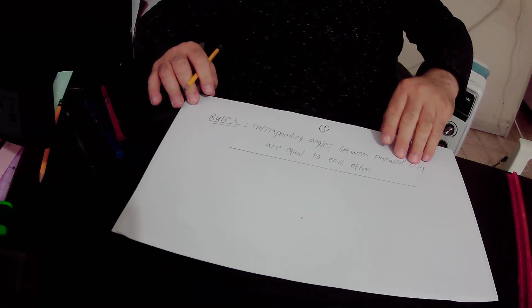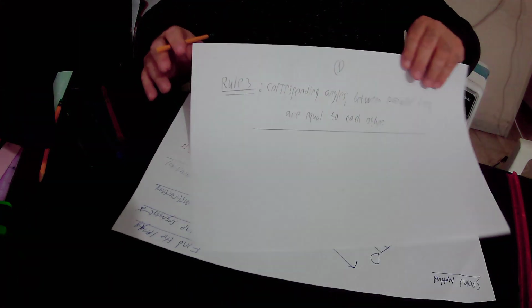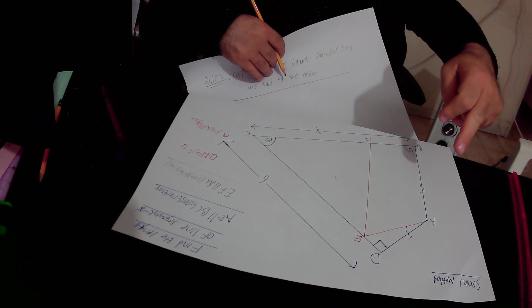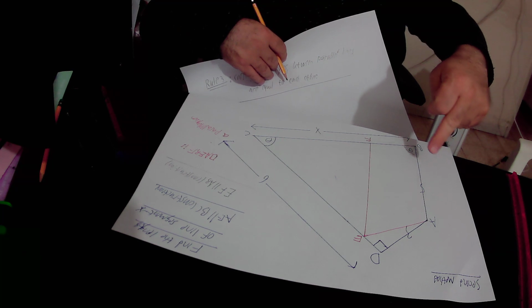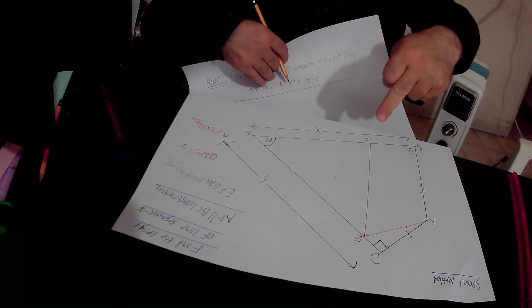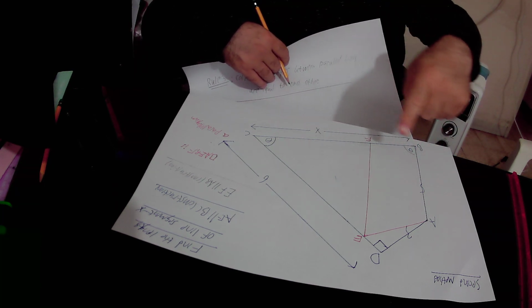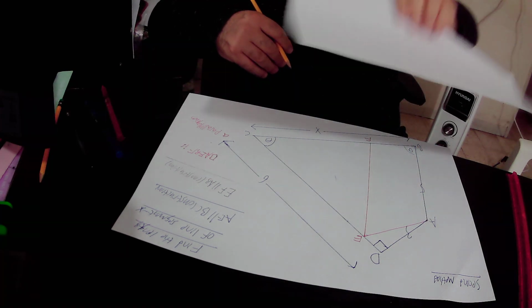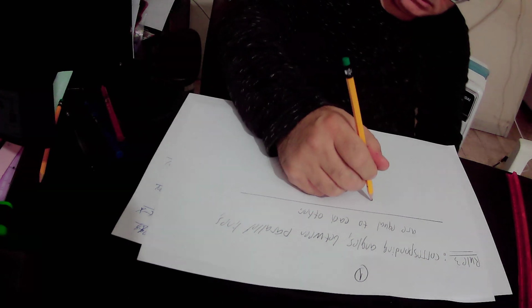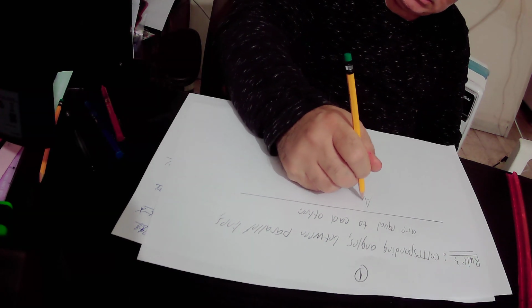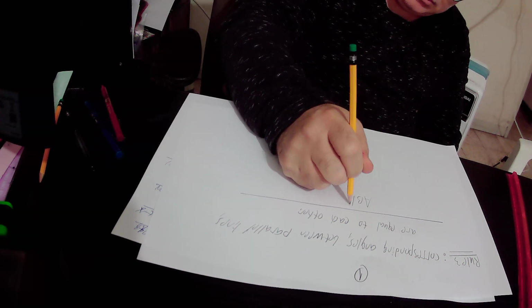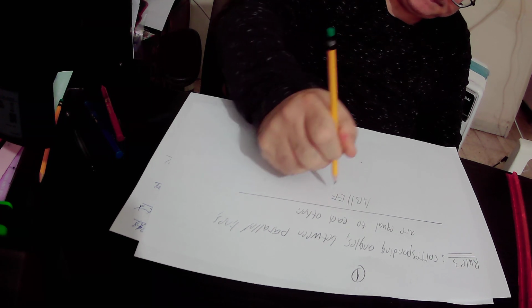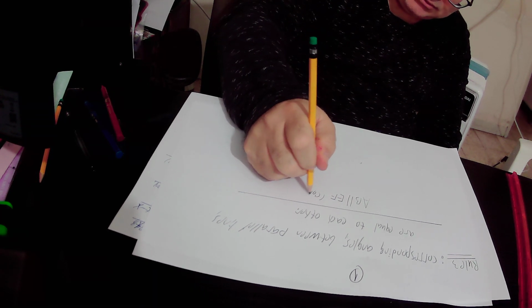So here, according to our construction, side AB is parallel to side EF.